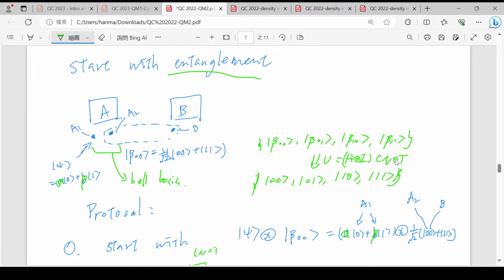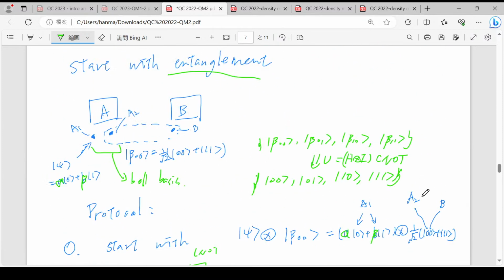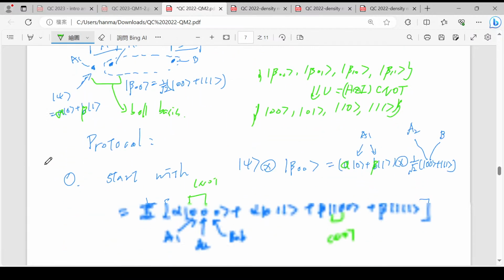So we do two unitaries to turn the Bell basis into the computational basis, then do a computational basis measurement. After that, we will send the measurement result to Bob, and Bob can do something to get this state back. Okay, so that's a high-level overview.